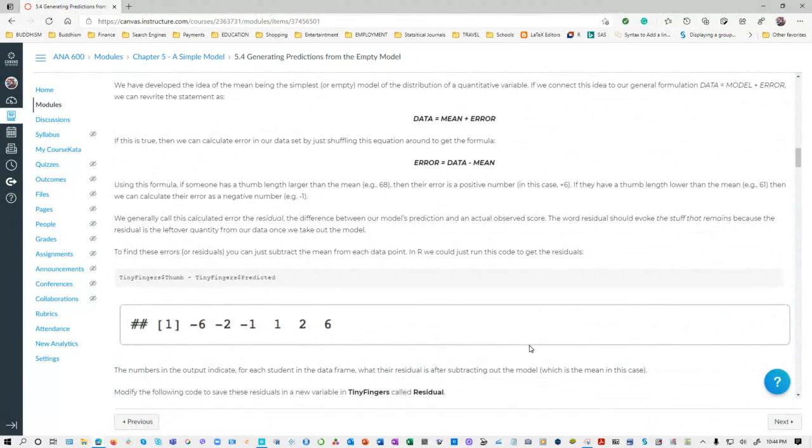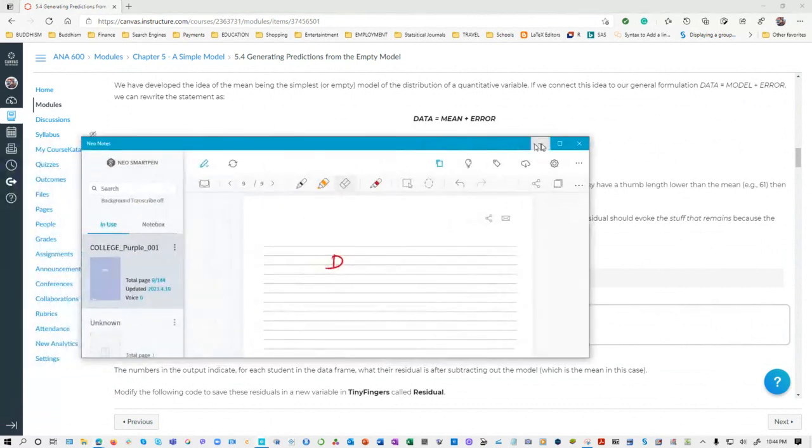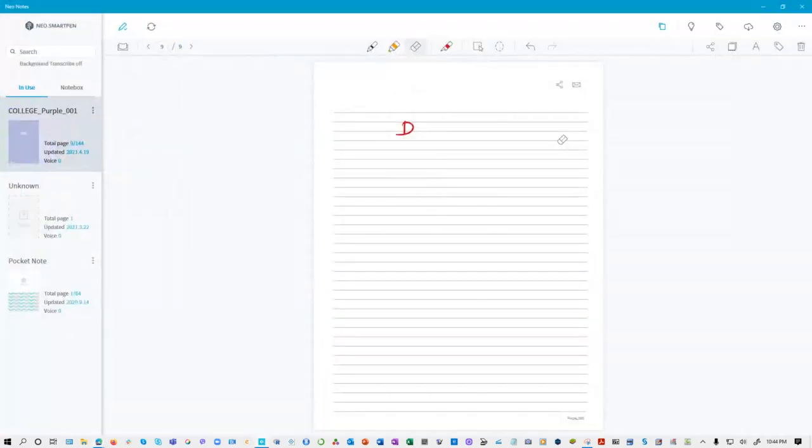So that means, as I mentioned over here, data equals mean plus error. Data means y. Mean means y bar, plus error. Error, if you want, you can put epsilon or something.